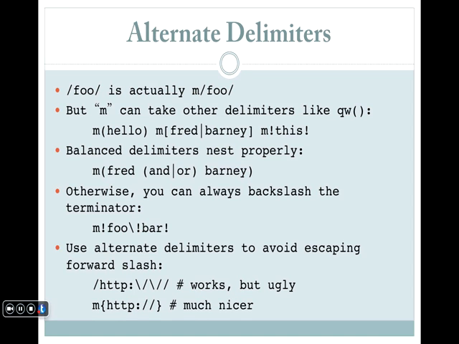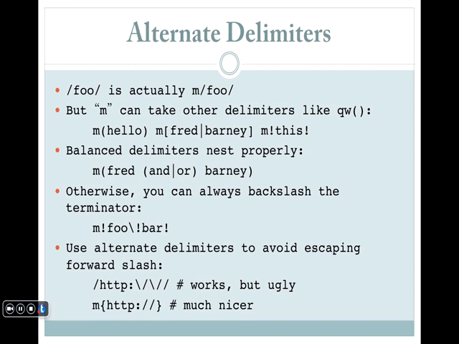So the use of /foo/ from the first example we saw at the beginning is nothing more than saying m/foo/. But m can take another delimiter, very similar to what we learned with quoted words, that we can use any type of delimiters, either paired or non-paired.